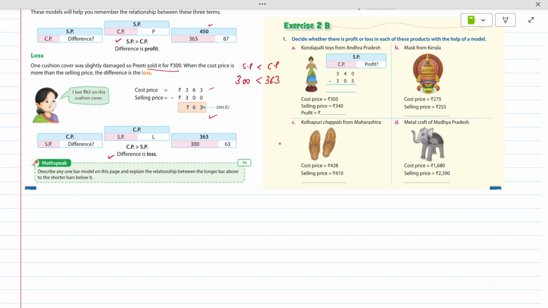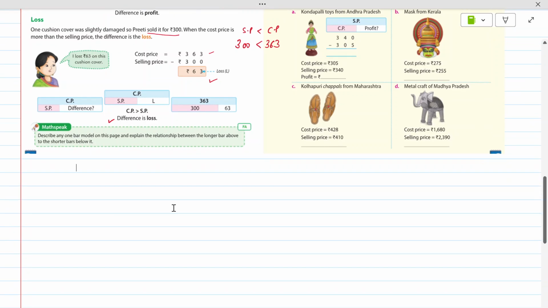So kids, we can see very well here in the first case, I'm just writing here. The cost price is rupees 305 and the selling price is rupees 340. So we can see that 340 is greater than 305, right?